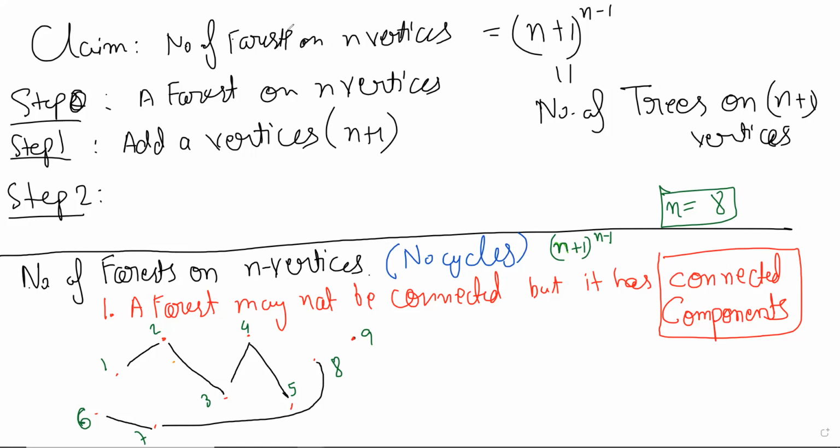Does everybody see this? If you say this leaf, and let's say connect this with this, then from this one forest you're getting this one tree. But from the same forest, you can get a different tree if you connect it with the other leaves.